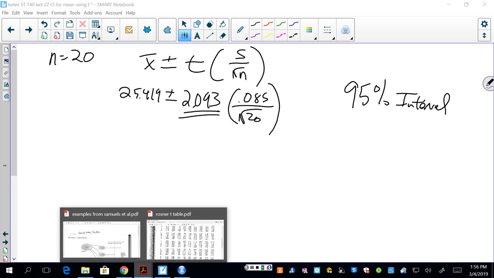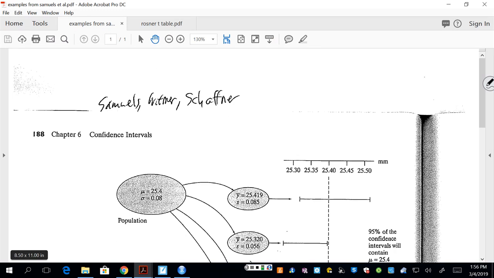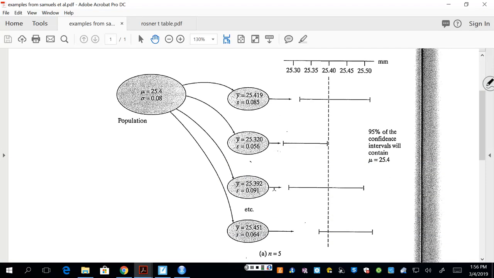On the handout, on the back of the page, is an illustration of the impact of sample size. So in this particular example, say the population really had an average of 25.4 and a standard deviation of 0.8. And then you take a sample of size 5. One time you get this average that we've dealt with here, and the standard deviation, and this would be our confidence interval.